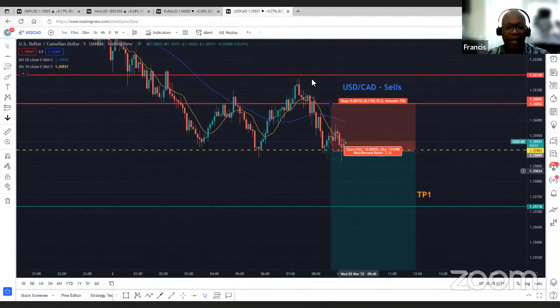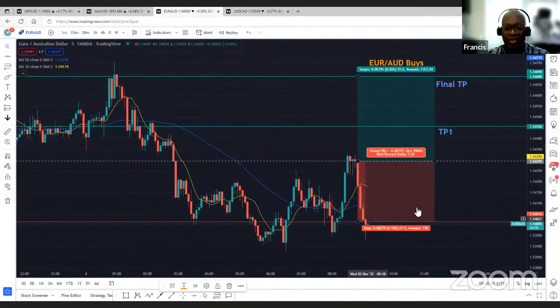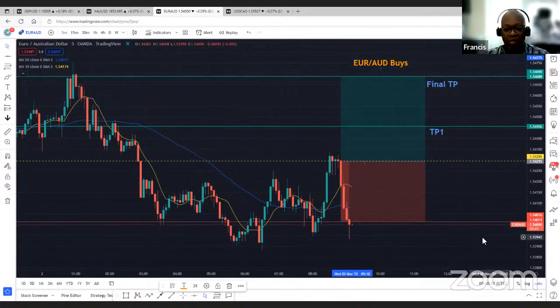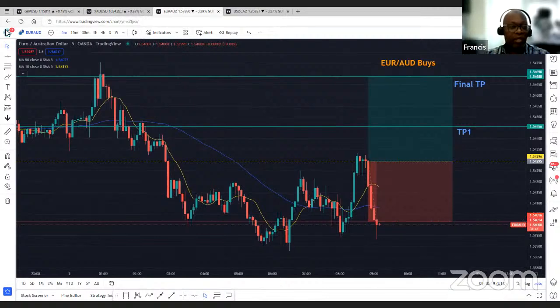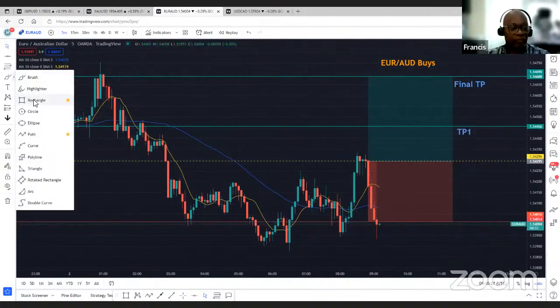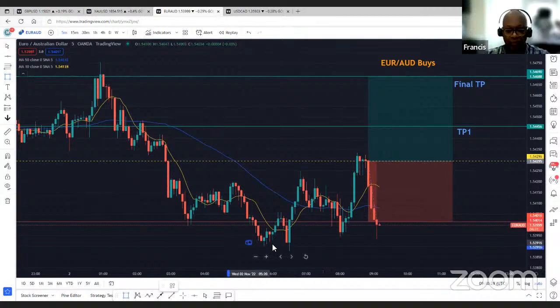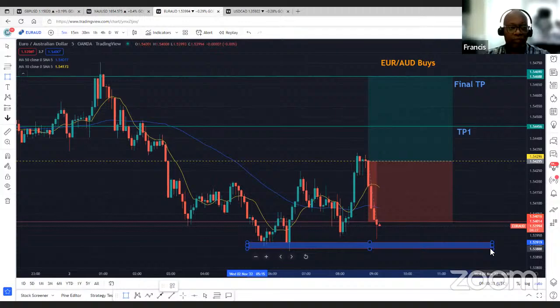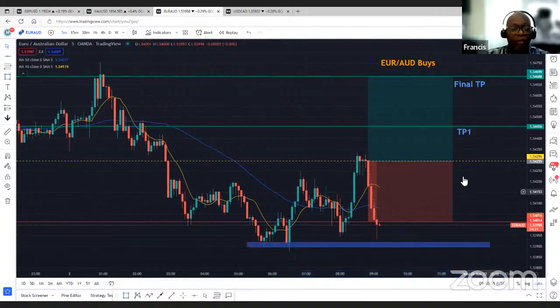So it's just to keep an eye on this one really, because it could still definitely push up. Let's look at the higher time frame.